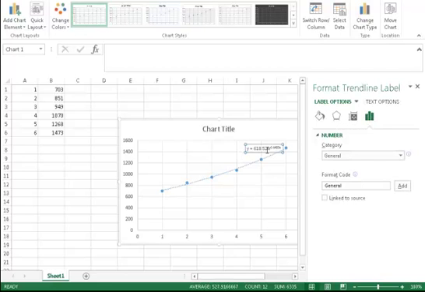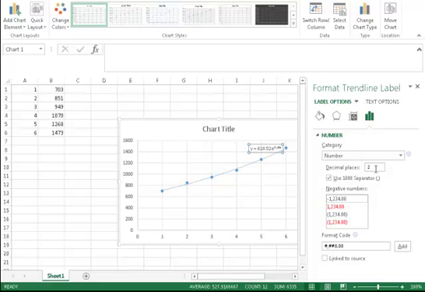Because I only see 2 decimal places on my first number. So I'm going to go into this formatting option, change this to a number, and select how many decimal places I want to see. So I'm going to put it on 4. And so now I see my 4 decimal places.